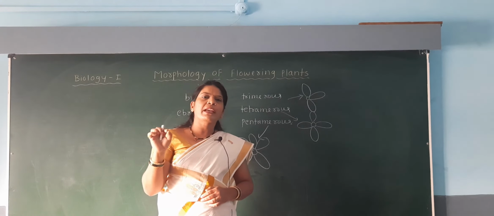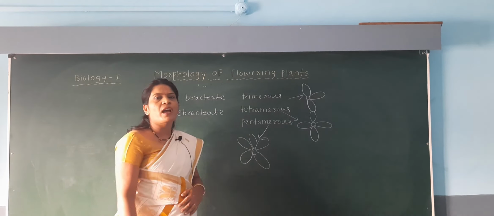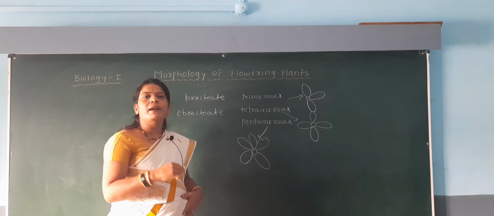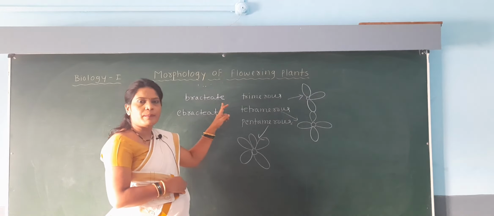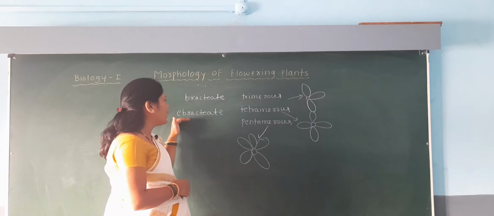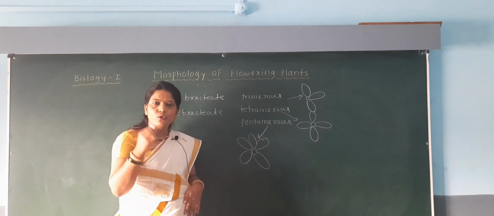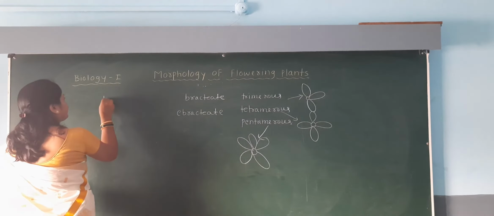When a reduced leaf-like structure is present at the base of the pedicel, that part is called a bract. When a bract is present, the flower is called bracteate, and when a bract is absent, it is called e-bracteate. So you should first know what is meant by bract.